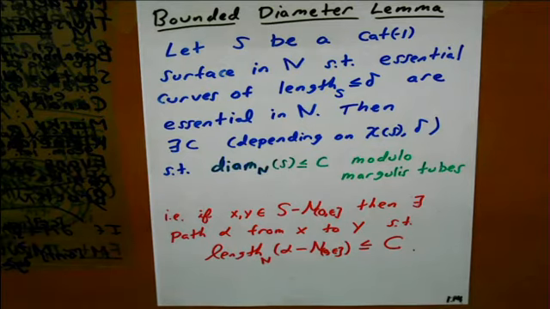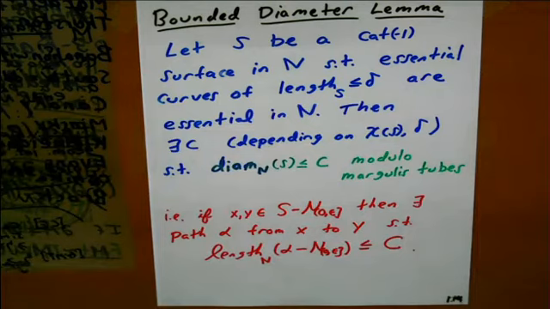Said another way, given any 2 points in the surface, if you draw a line in the manifold, the part lying outside the Margulis tubes has uniformly bounded length. Furthermore, the surfaces we'll be dealing with will only intersect a uniform number of Margulis tubes, at most some finite number.